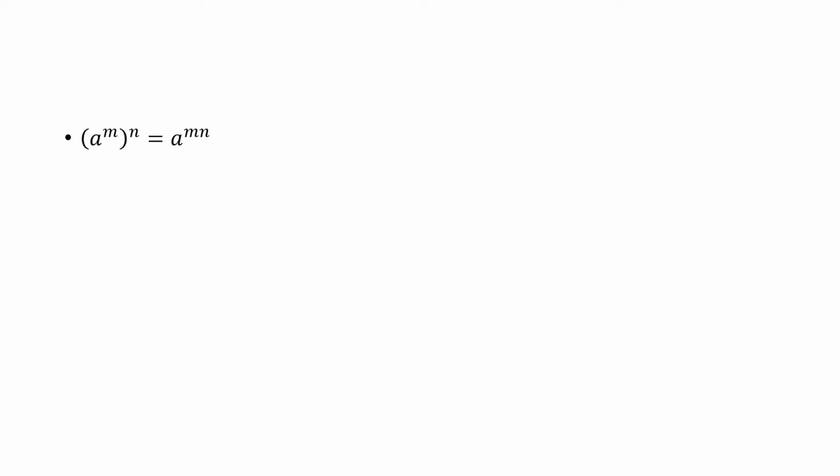Okay, we call it the power of power rule. I think it is rule number 7. Look here, a has exponent m, and then the bracket has exponent n. So what we do, actually they are multiplied. See, when we write them side by side, writing means multiplication.